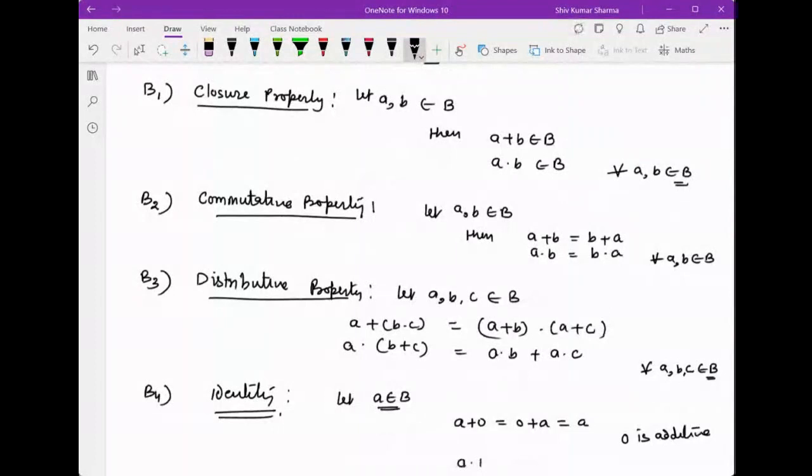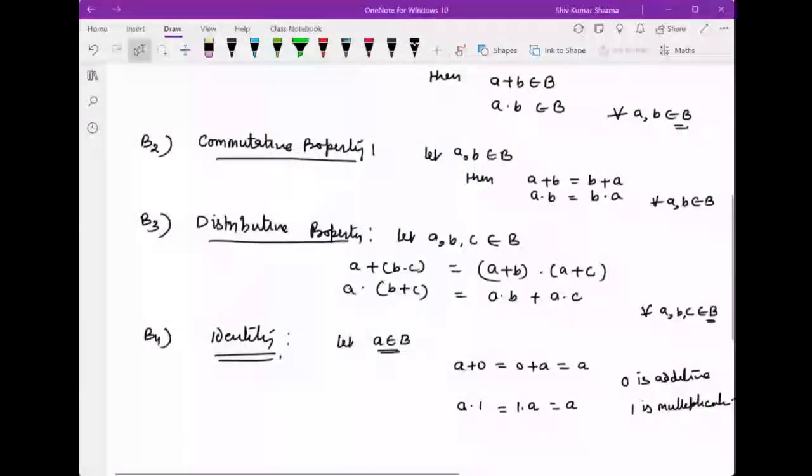And when we take 1, A into 1 is equal to 1 into A is equal to A, so here 1 is the multiplicative identity. In Boolean algebra, we take only two binary numbers, 0 and 1. When you draw the truth tables, also take 0 and 1.